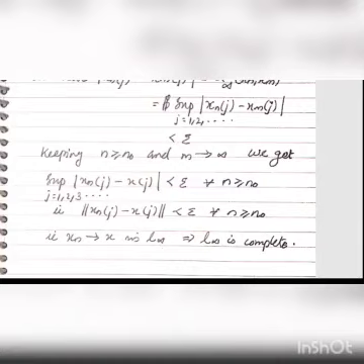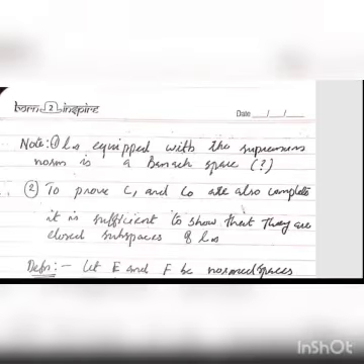Next we will go for the first part of our class, that is, L infinity equipped with the supremum norm is a Banach space, that we have proved. Now to prove C1 and C0 are also complete, we need not prove it as a whole, that is, take a Cauchy sequence and prove that it converges and that the convergent point belongs to this.